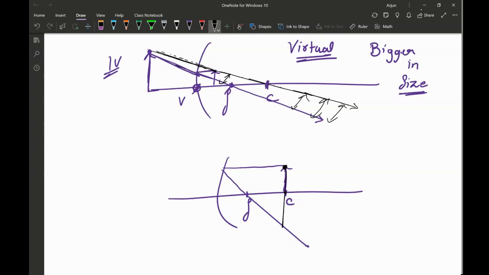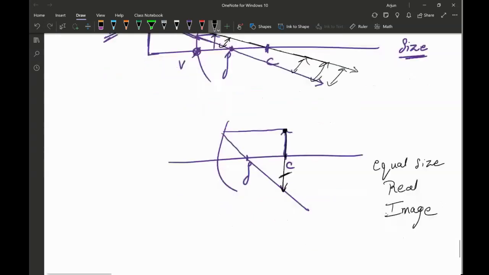That's how you're going to draw it. And where these two rays meet, at that point you will draw the image. In this case, you're going to get an equal size but a real image. So these were the different cases when the object is placed at different locations in a curved mirror that is concave.